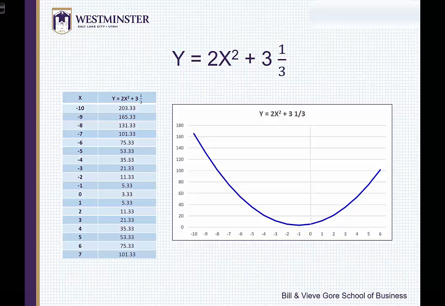And if we think back, as I increase a, it would widen this parabola. So as a gets larger, the parabola gets wider. As a gets smaller, the parabola gets more narrow. So as a gets larger, the parabola would come out like this. As a gets smaller, the parabola would come in like this.